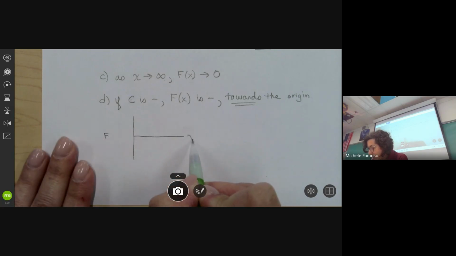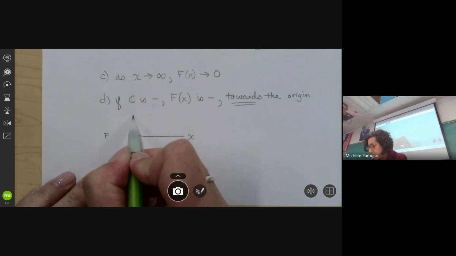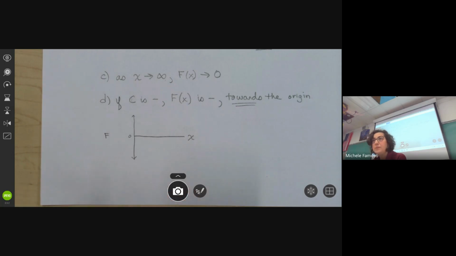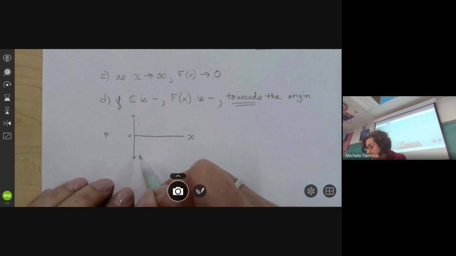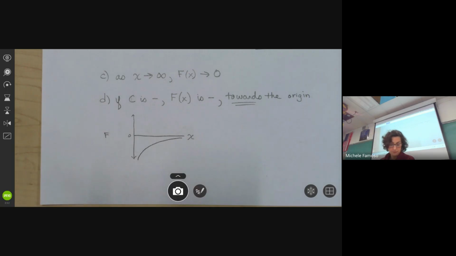Here's your force. Here's your position. Where are we going to be on this graph? Above a 0 force or below it? Below it. So as X gets bigger, this force still needs to approach 0 in this way.